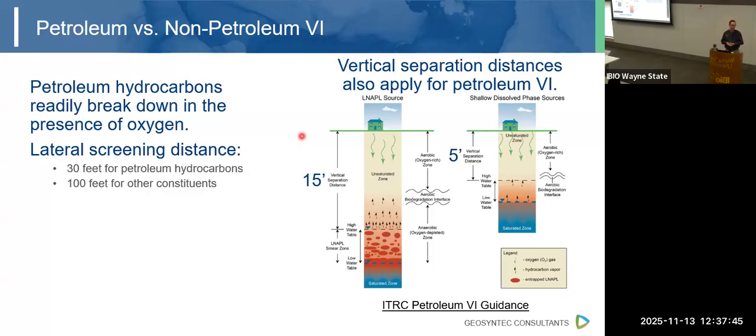So as long as you're getting oxygen to the subsurface and you have a minimum separation distance, which is 5 feet or 15 feet, depending on whether your source is groundwater or whether you have free phase liquid, which we would call LNAPL in our jargon, that's going to be sufficient for that degradation to happen and for you not to have vapor intrusion concern for petroleum. No such luck for your chlorinated solvents.